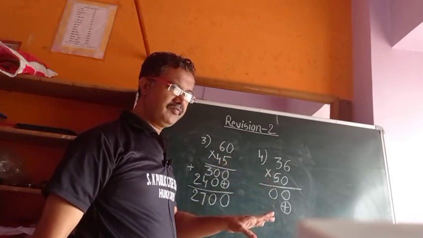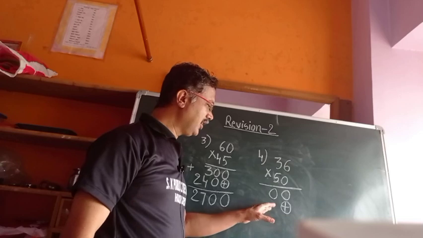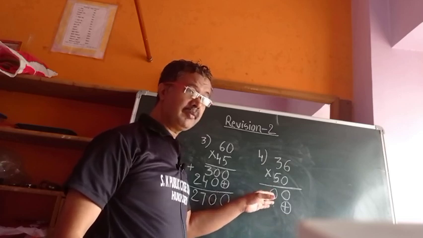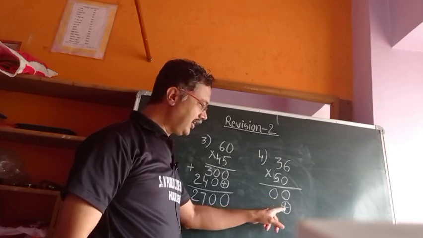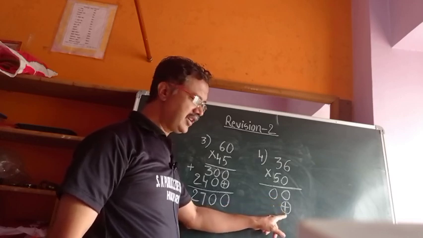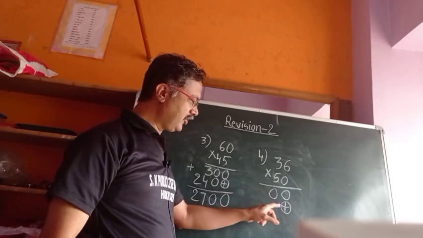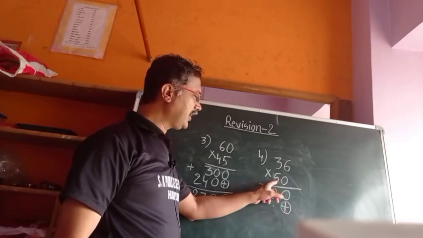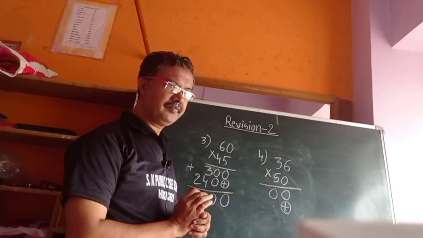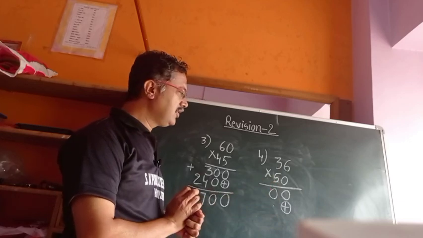Write as it is. Don't worry about that. Oh, 0 0 came. Don't be afraid. Yes, write 0 0 only. Then downside plus, as usual we are doing this in ones place. Now we are taking 5. It is in tens place.